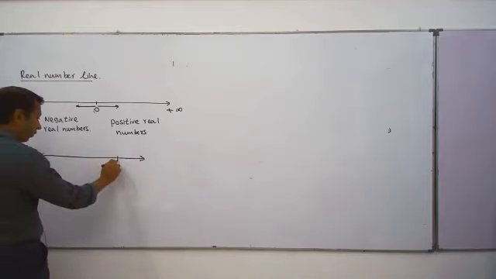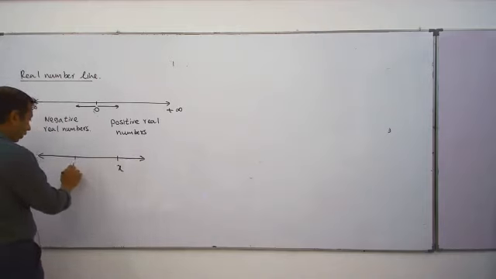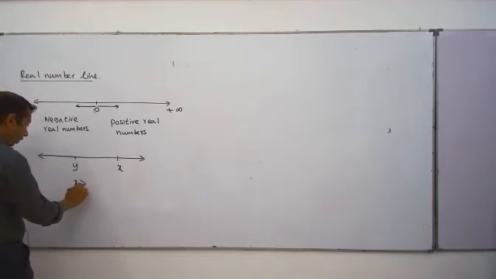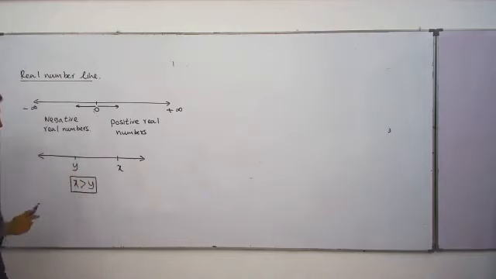Suppose we have x here, y here. Then x greater than y. X is on the right, y on the left, x greater than y.